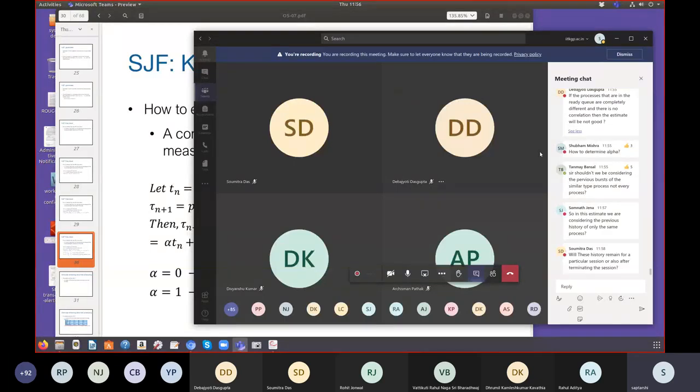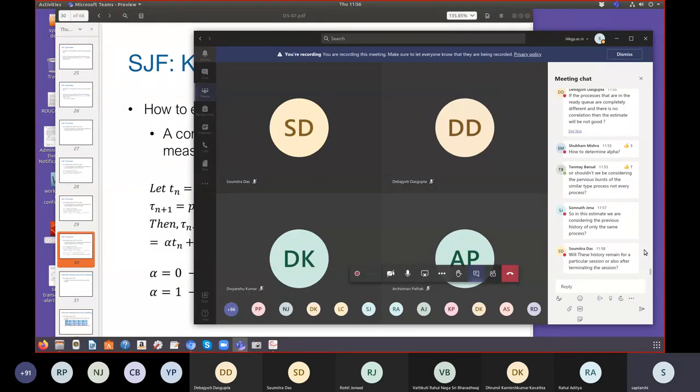Tanmay says, shouldn't we be considering the previous bursts of the similar type process, not every process? I guess you are also talking about that situation where a process is running for the first time. So how to estimate the burst time of that process? Sure, you can. A better way would be to not consider all processes, but only processes of this particular application and then decide the mean or something like that.